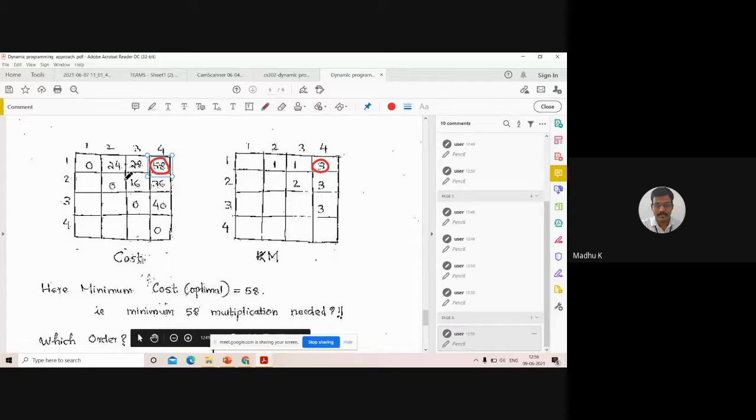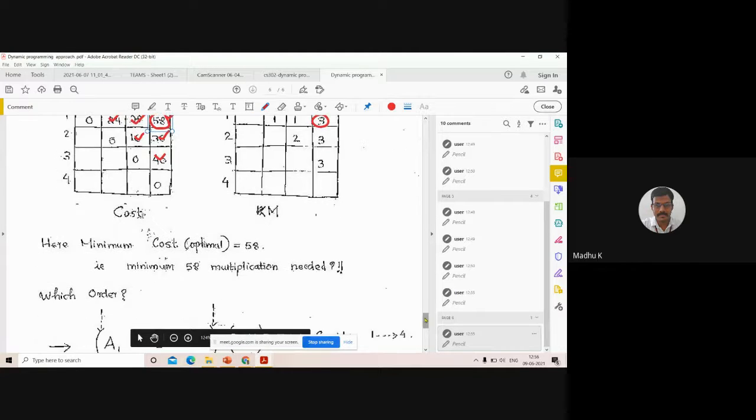So I processed all the elements in the diagonal entries above this matrix. Here you can note the minimum cost.